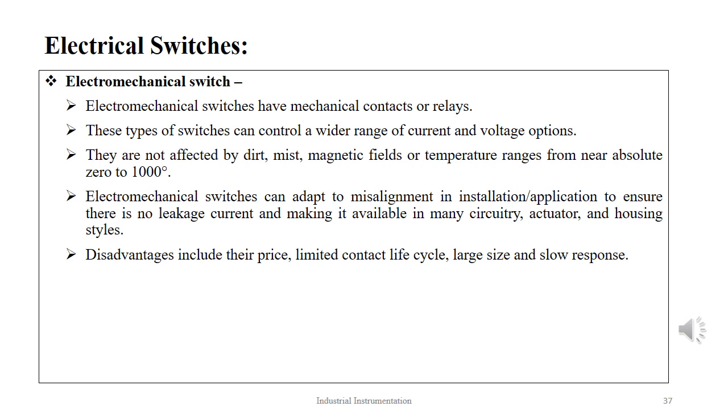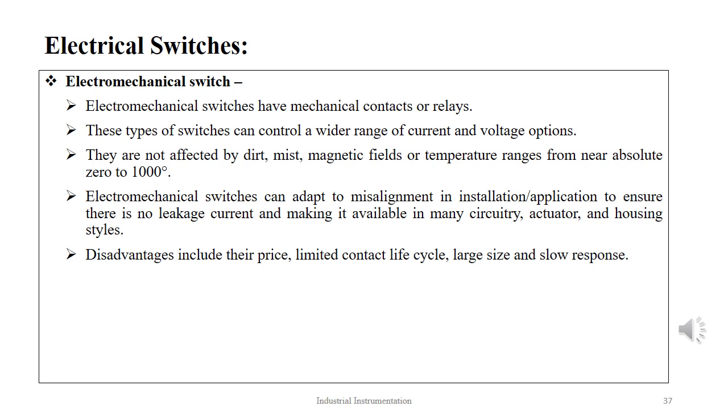The second type of electrical switch is the electromechanical switch. They have mechanical contacts or relays. These types of switches can control a wider range of current and voltage. They are not affected by dirt, mist, magnetic field, or temperature ranges from near absolute zero to almost 1000 degrees Celsius.